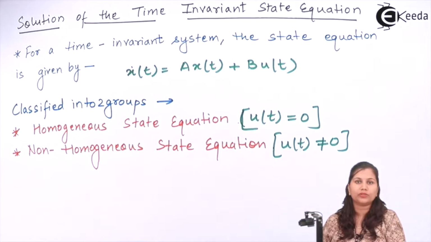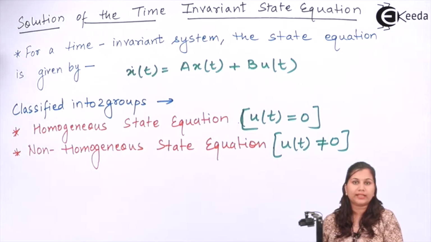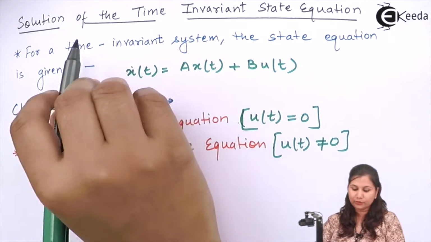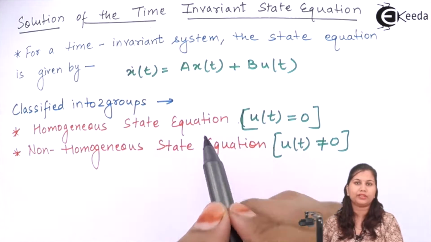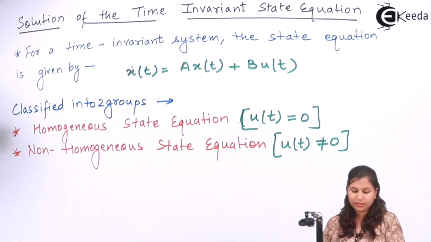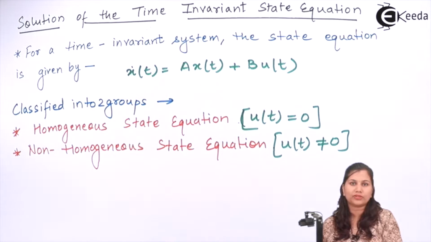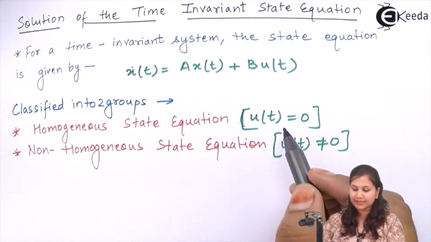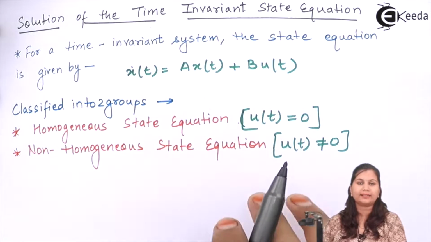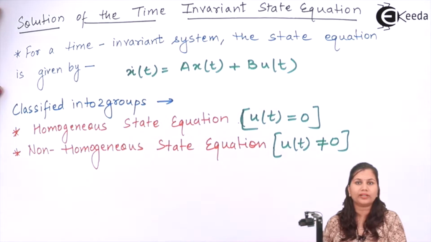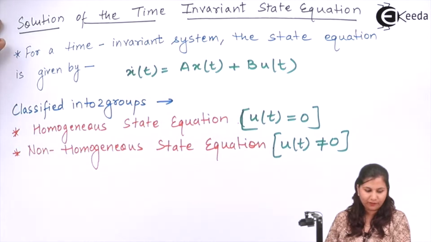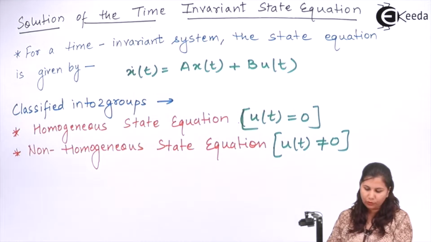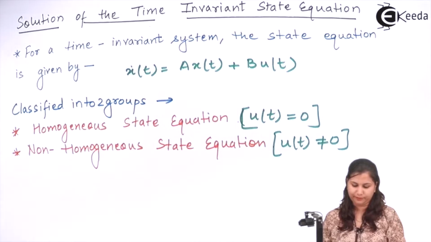Now we are going to study how we can find the solution of the two types of state equations, the homogeneous and the non-homogeneous, considering whether u t is present or absent. So first we will study the solution of the homogeneous state equation.